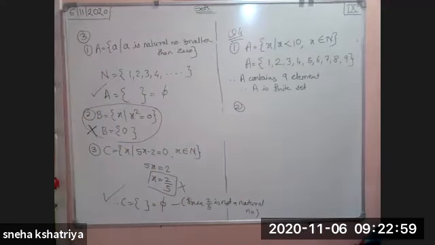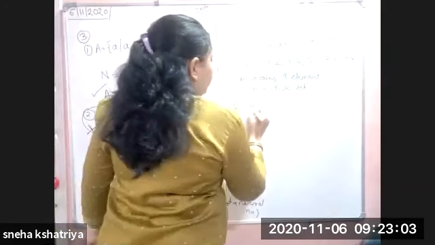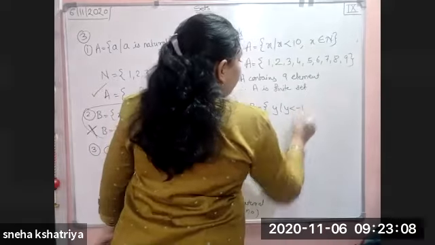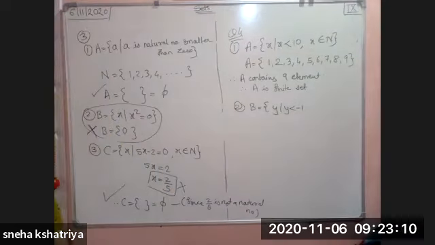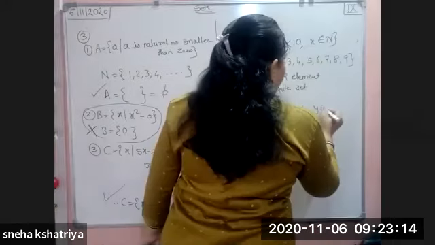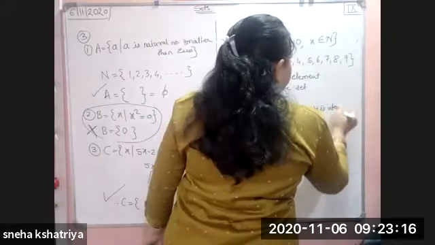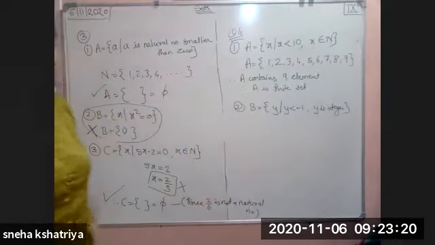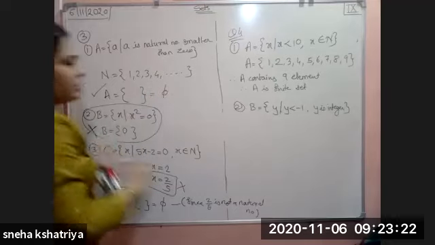Example 2. The second example is B is equal to {y such that y is strictly less than -1 and y is an integer}. What are integers? First we will see what are integers.